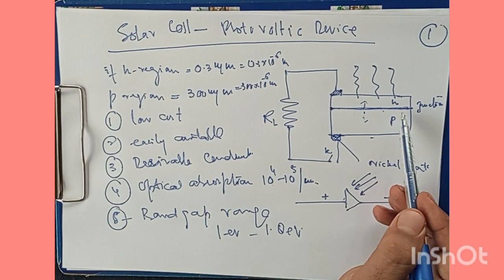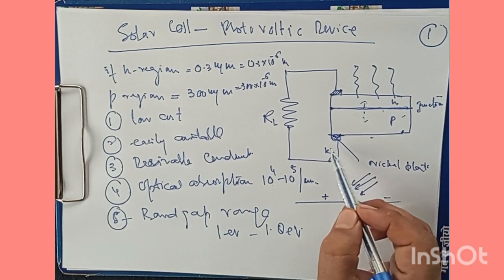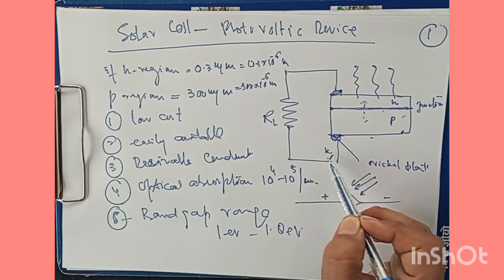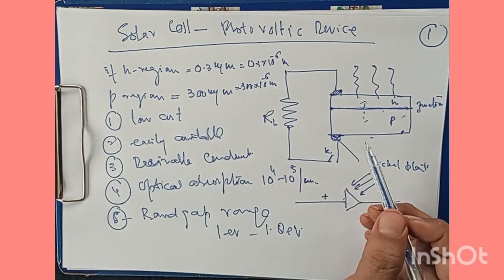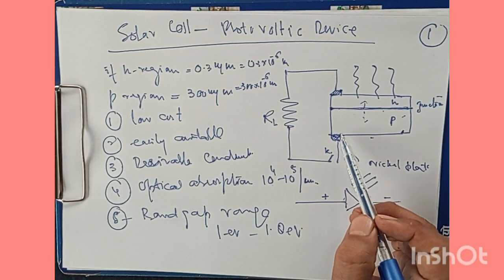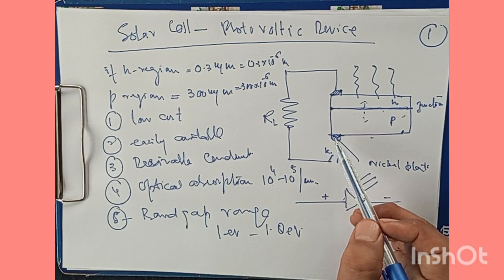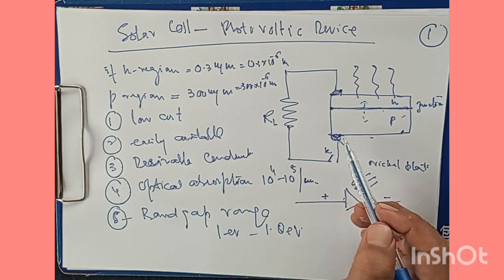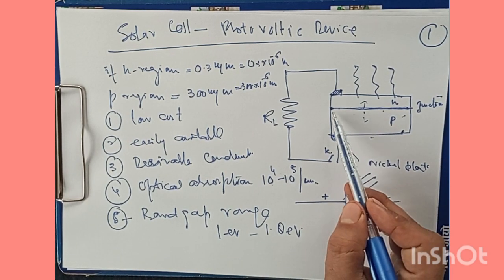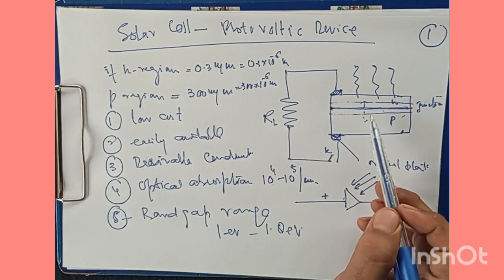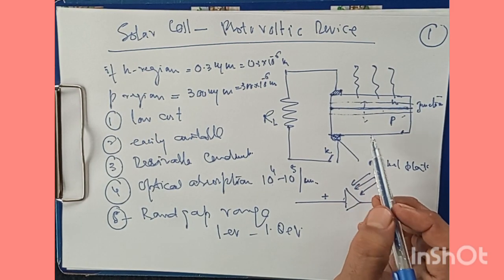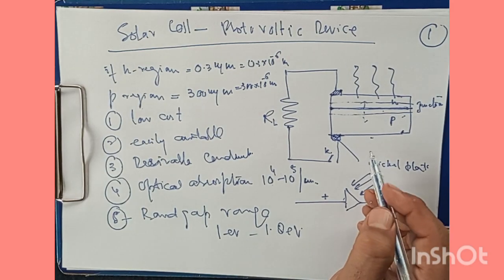Now, if the PN junction diode is open, I mean this key is open, then it's open circuited. Then holes and electrons will collect. They will collect or accumulate on the two sides of the junction. So this will give rise to an open circuit voltage.